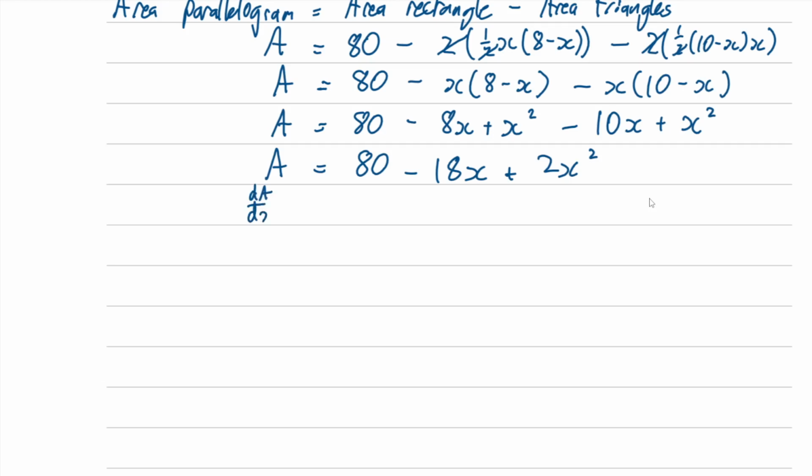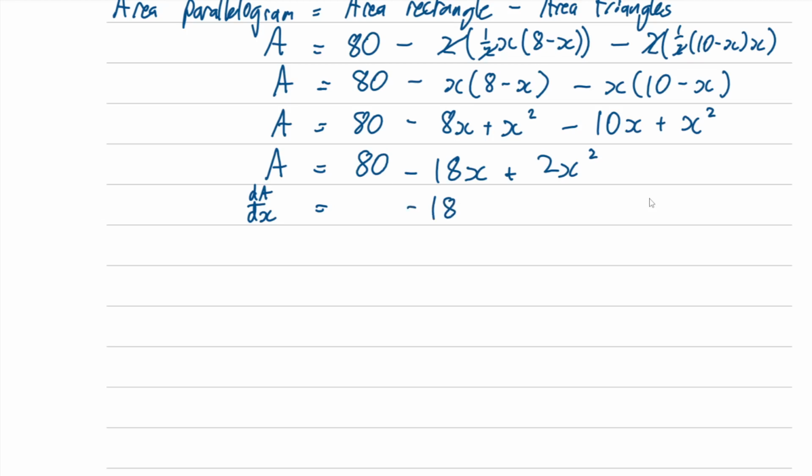So the derivative of A with respect to x, in other words, the gradient function, how A changes as we change x. Derivative of 80 is 0, because it is a constant. Derivative of minus 18x is minus 18.